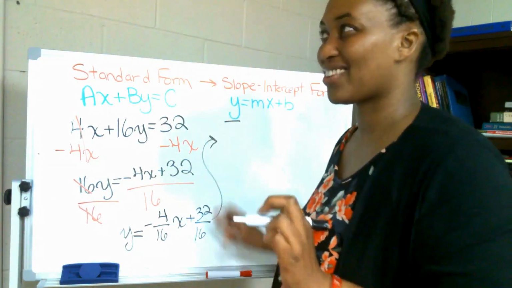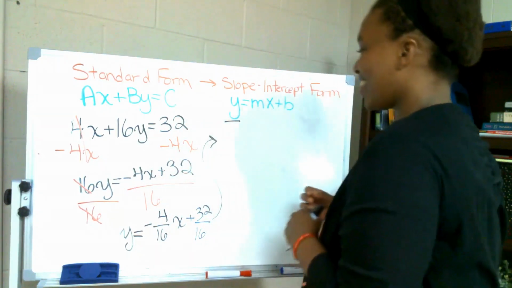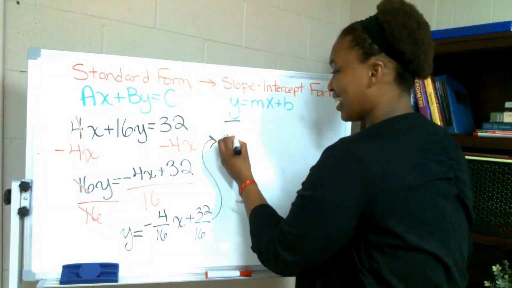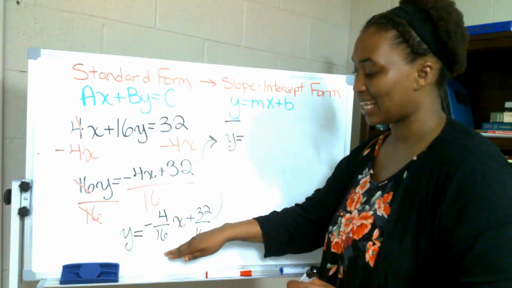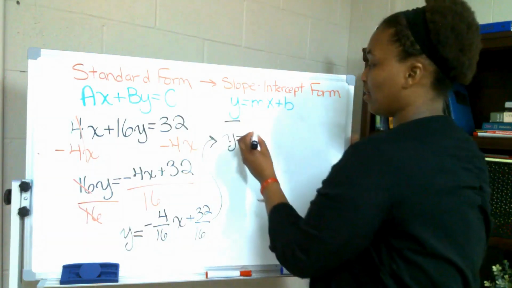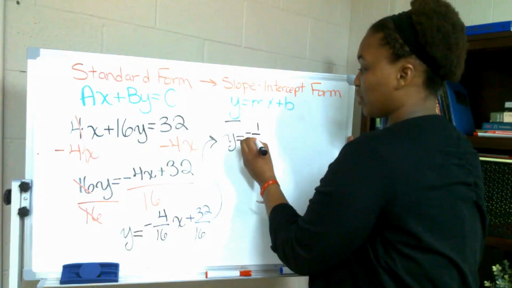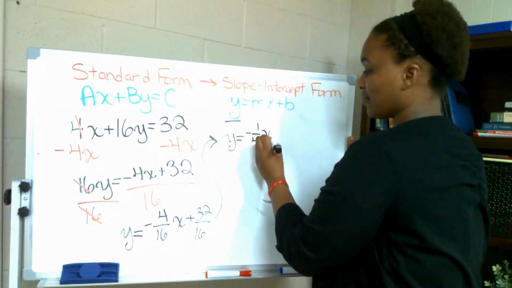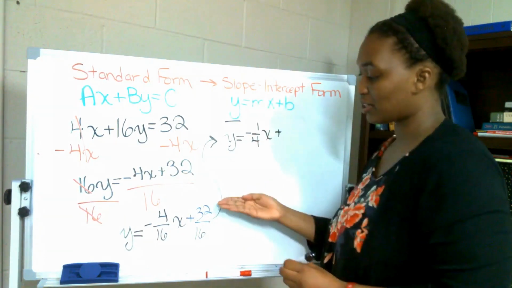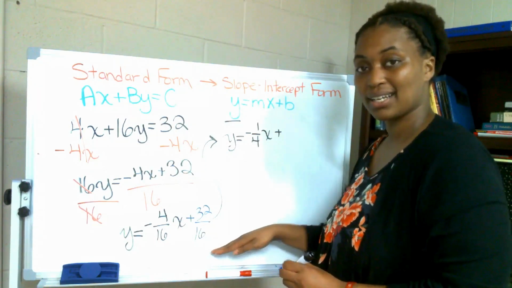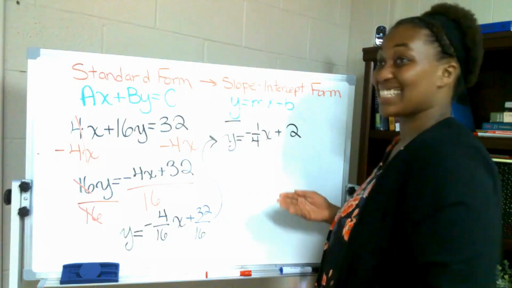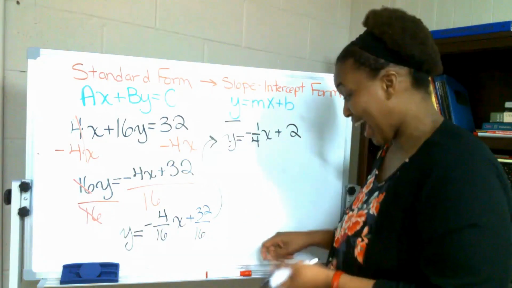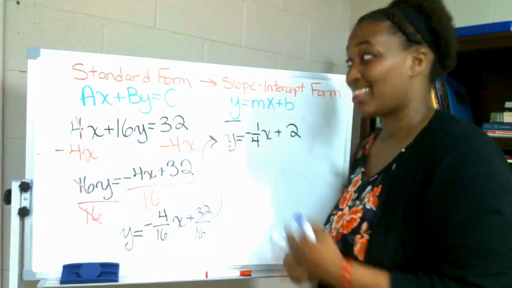In math, we want everything in its simplest form. So we have y equals negative 4 over 16, let's divide them both by 4, negative 1 over 4 x plus 32 divided by 16 is 2.